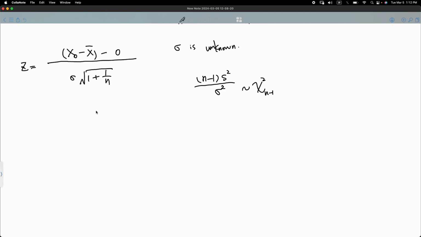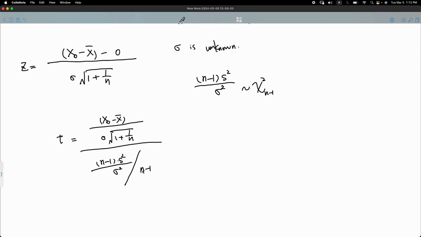Okay, and then we can construct the following statistic, which let's denote as t. We have the standard normal on the numerator, with the square root of 1 plus 1 over n, and then divided by a chi-square parameter, s square over sigma square, divided by its own degrees of freedom, and then taking the square root.